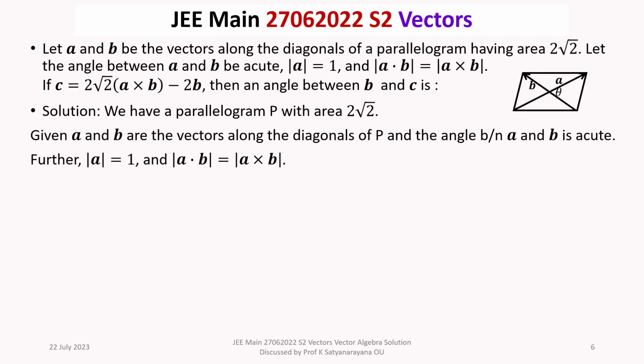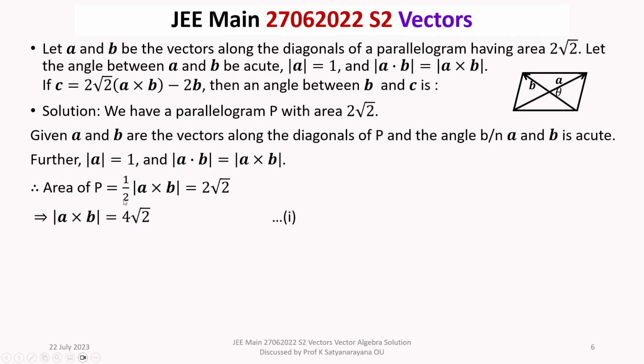Now, we use this fact. The area of the parallelogram is 2 root 2. The formula for the area of the parallelogram is half into the modulus of the cross product of the vectors along the diagonals. That is 1 by 2 mod of A cross B. Then this will imply mod of A cross B is equal to, sending this 2 to that side, 4 root 2.